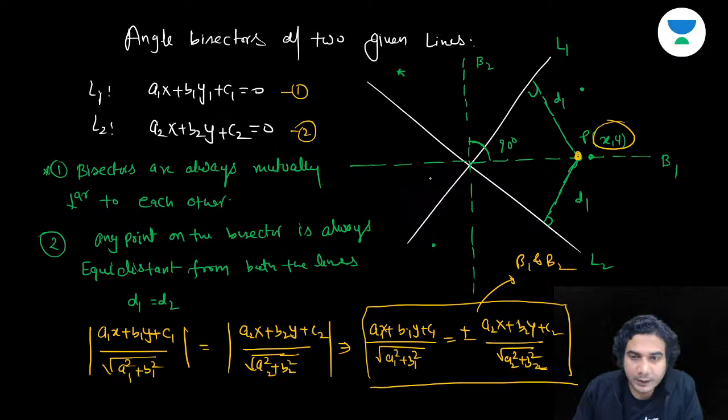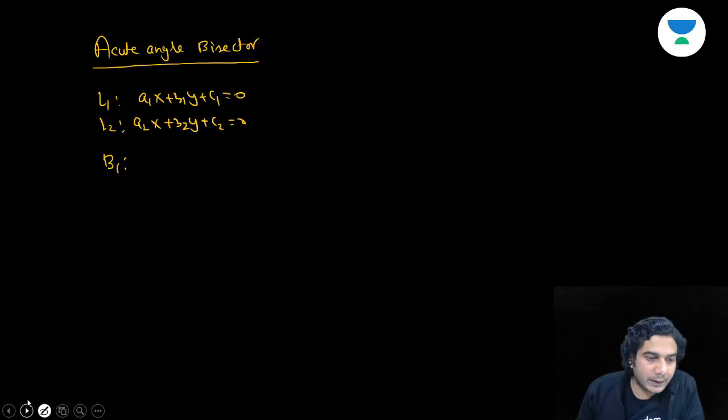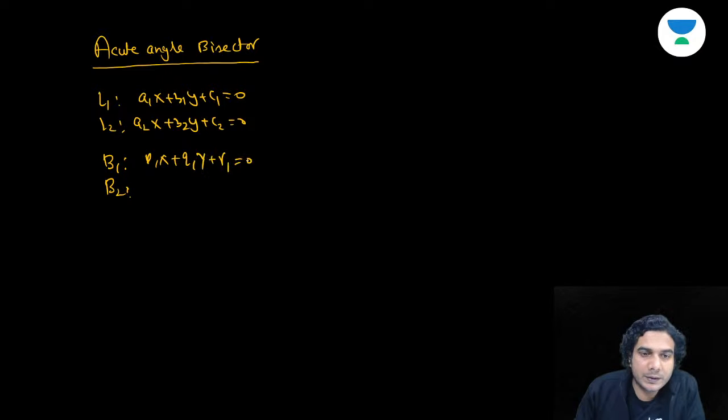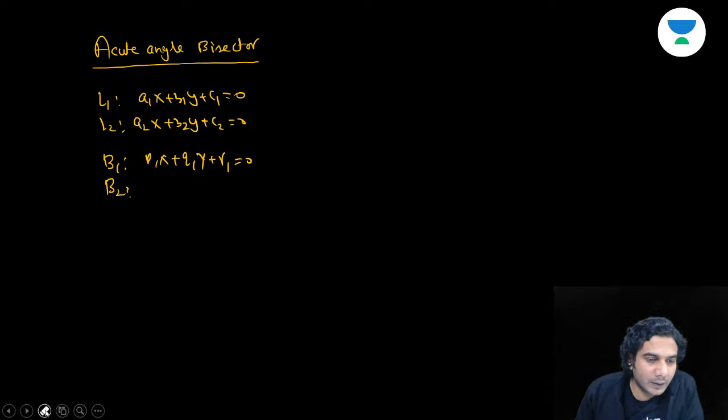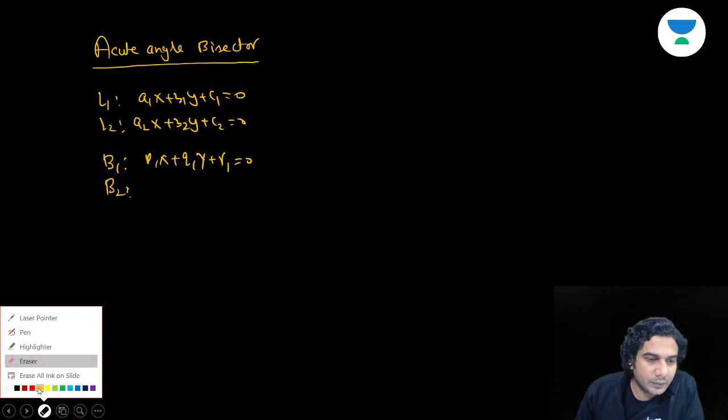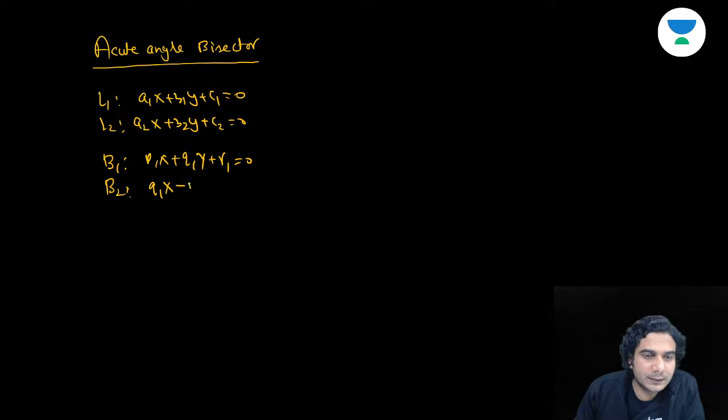All right. So see how to find the acute angle bisector or the obtuse one. I am writing b1 and b2 as p1x + q1y + r1 = 0 and p2x + q2y + r2 = 0. Actually, they will be like this: if one equation is p1x + q1y, then the other is going to be q1x − p1y, because the bisectors are mutually perpendicular.